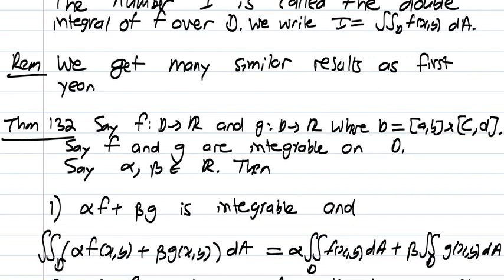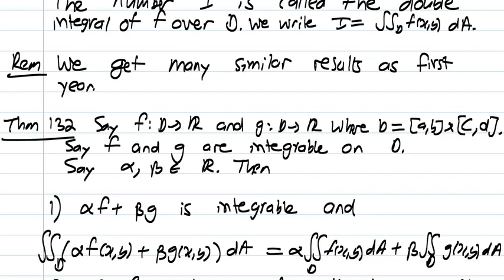And we can say more than that: the double integral of alpha f plus beta g over rectangle D equals alpha times the double integral of f over D plus beta times the double integral of g over D. This is really good news.